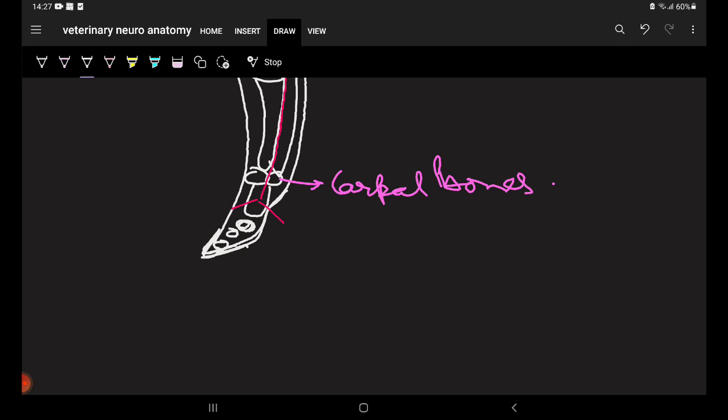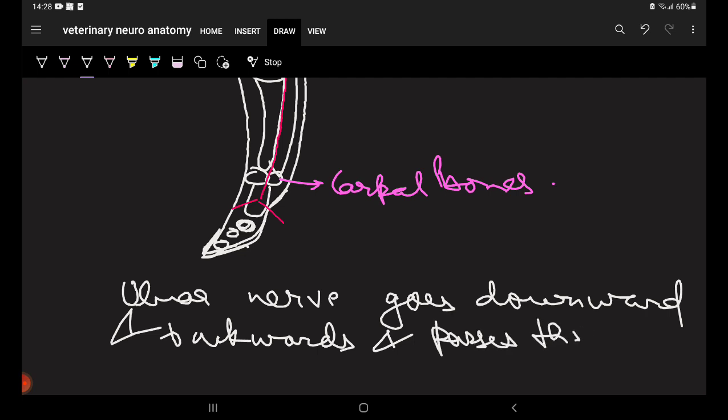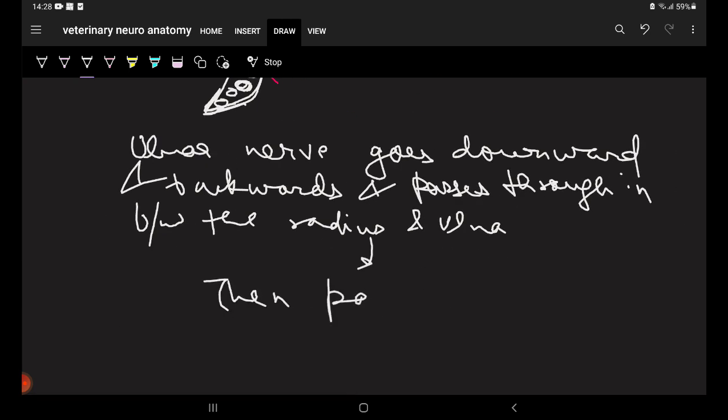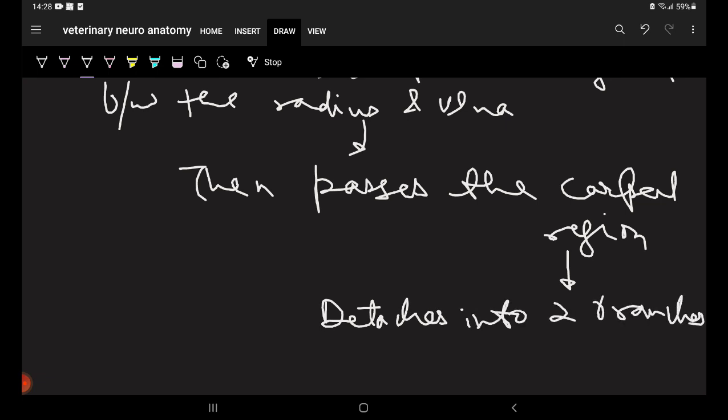So let me write what I just said. The ulnar nerve goes downward and backwards and passes in between the radius and ulna, then passes the carpal region and detaches into two branches.